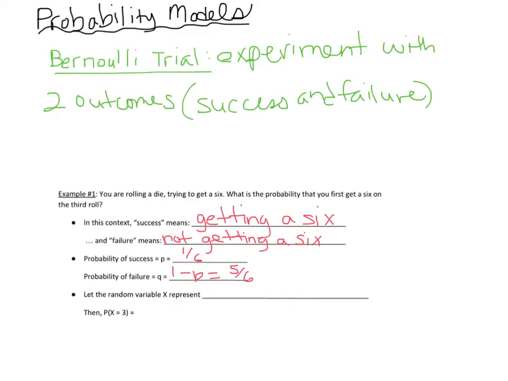So we are using what we call random variables. In this case, the random variable x is just going to represent the time that you get a 6 on, the first time you get a 6.